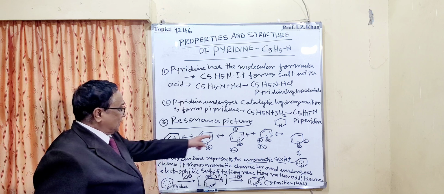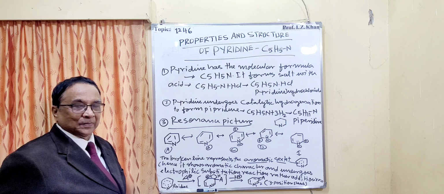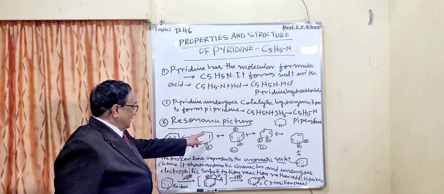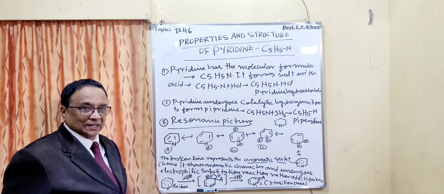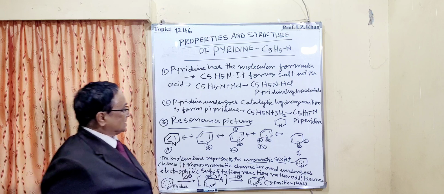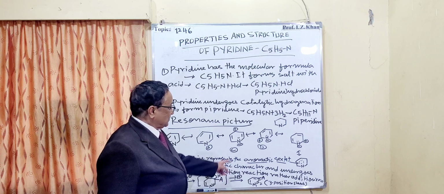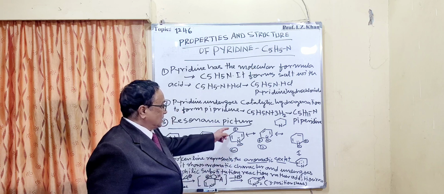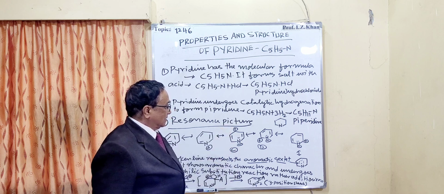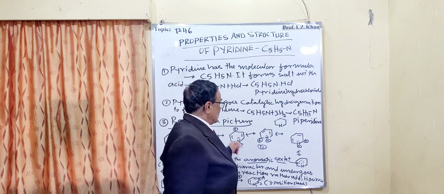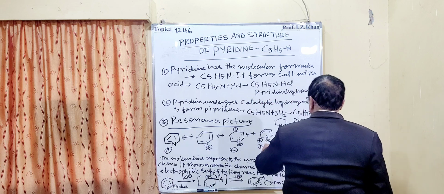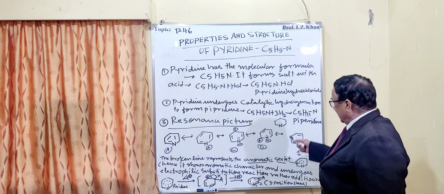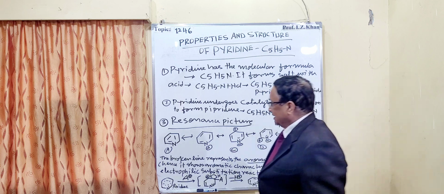Here I have given the resonance hybrid of pyridine, and here is structure A, and then how the 6 pi electrons are delocalized, and once there is formation of carbonium ion, where the minus charge is on nitrogen, and then carbonium is here at 4 position, then at 6 position here D, and how the carbanion and carbonium ion are delocalized.